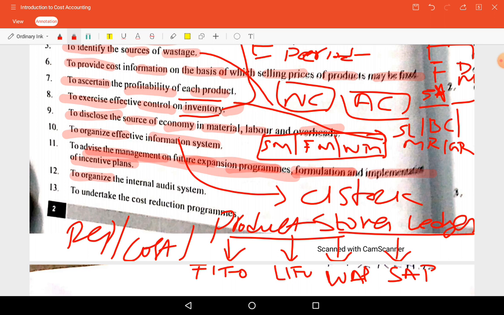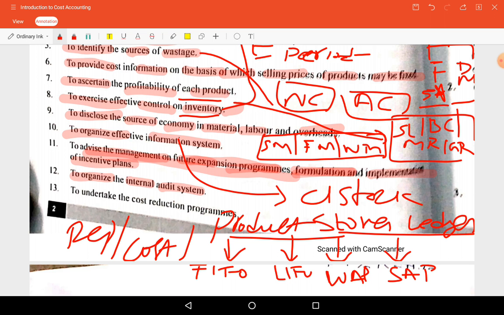Next, to organize an internal audit system. Cost accounting supports the internal audit also, because of maintaining the books very easily.